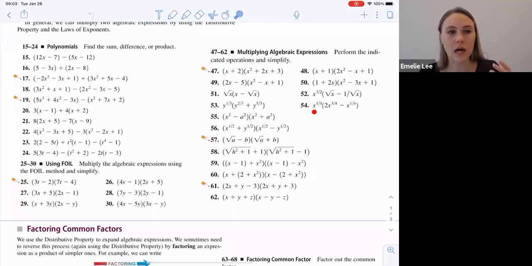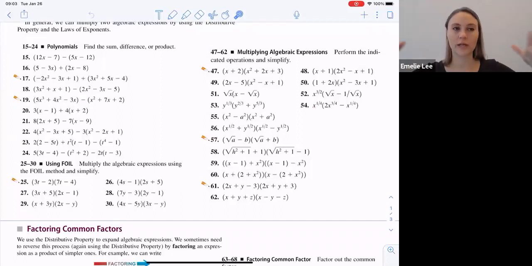Expanding is when we are expanding this expression and getting rid of brackets, whereas factoring is when we're trying to smush things together and put things back into brackets, right?